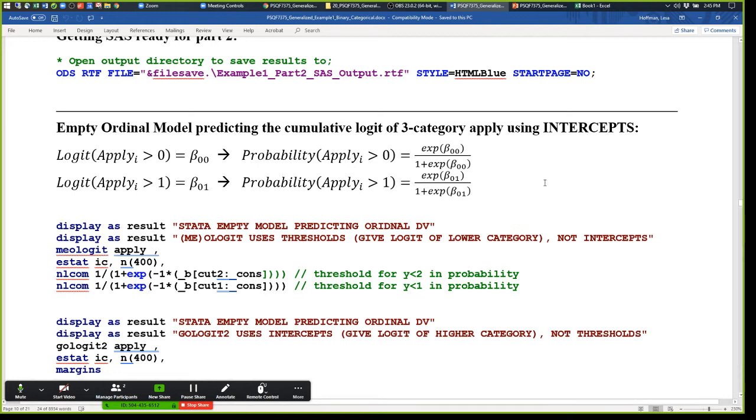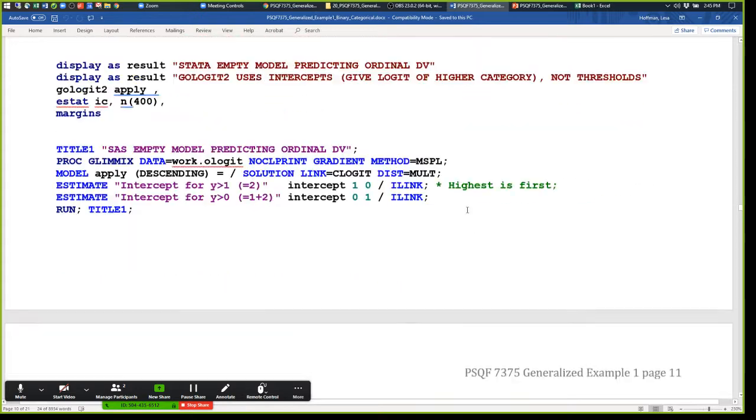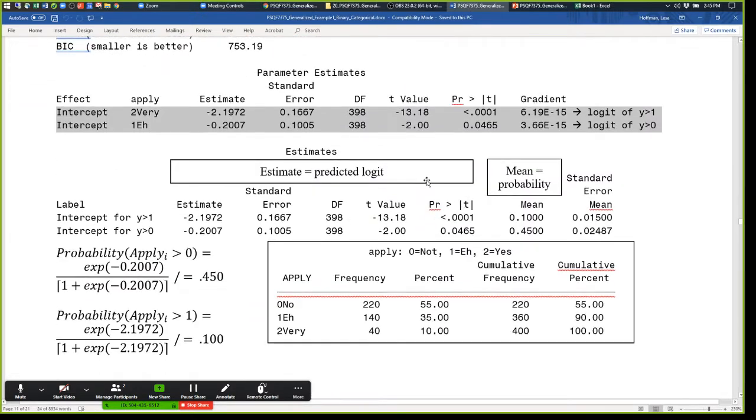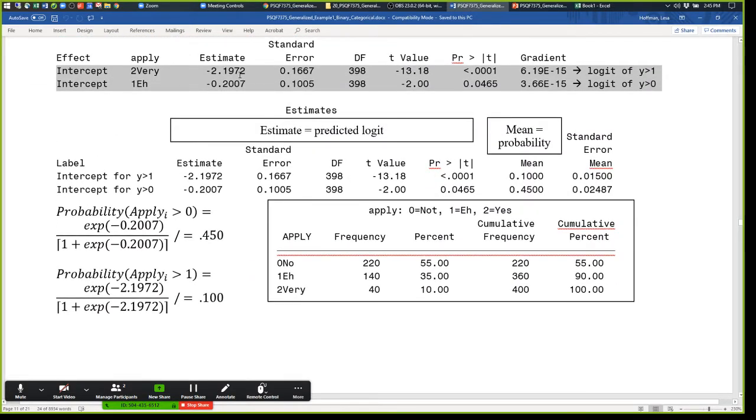It's easy to lose track of what this means in talking about it. But the first one is just no versus anything higher. The second one is no or maybe versus yes. So the logit of a yes, that's what this is telling me. It's -2.